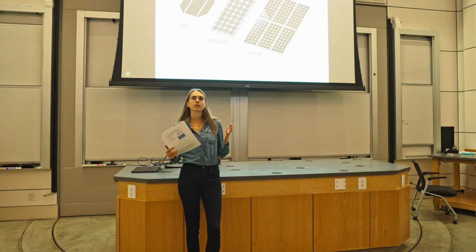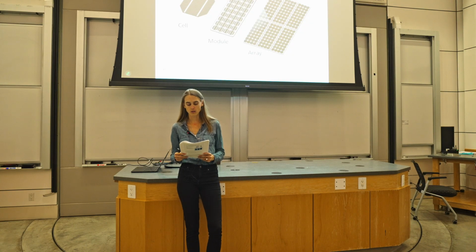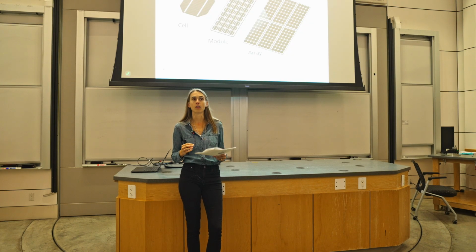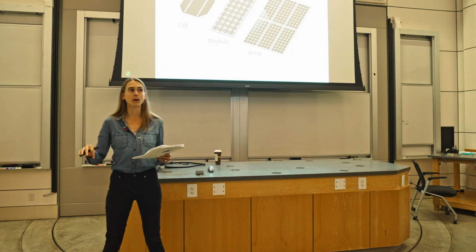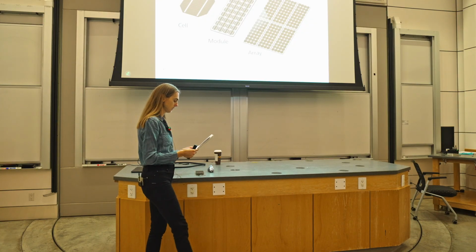One concept that's important to understand about solar is that the power output of a module or modules connected in series is limited by the current produced by the least efficient cell. And the current produced is determined by how much light hits that cell. So because of this, if a portion of your module is shaded or dirty, it reduces the power output of your entire module that's wired in series.